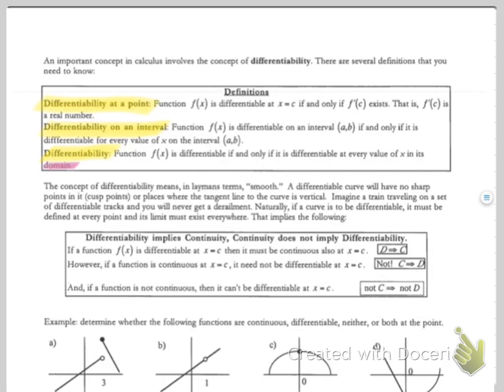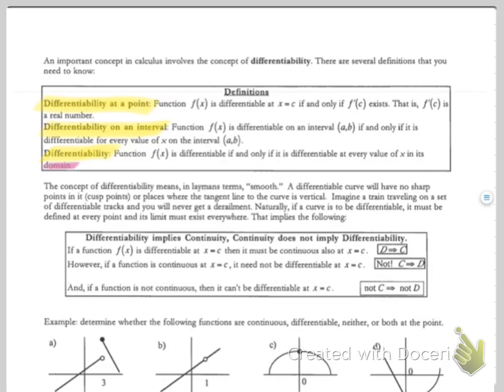And so on the previous slide or page, we've already listed the functions that are differentiable everywhere. Now, if we're talking about a piecewise function, you need to check all the pieces. For example, if every piece is a trig function, or if every piece is a polynomial, all the ones that we said are already differentiable, then we know the function is going to be differentiable as long as the places where the pieces are joined, the endpoints of the intervals, are differentiable.